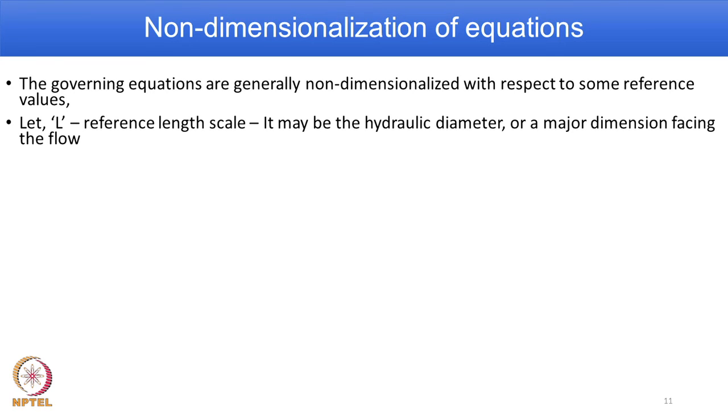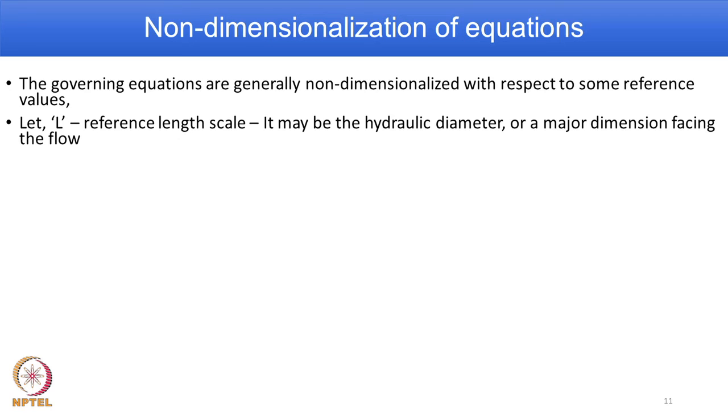So, in a problem you need to identify a reference length scale and a reference velocity scale. If you consider, for example, flow through a circular cross section pipe, the diameter of the pipe can be a reference length scale.